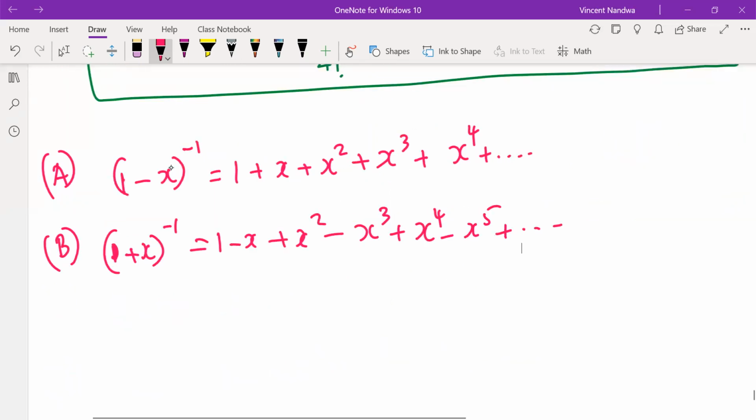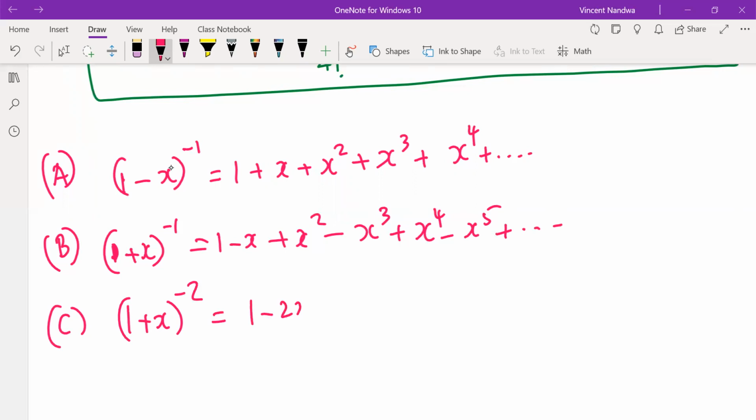C, if I have 1 plus x raised to the power minus 2, I'll have 1 minus 2x plus 3x squared minus 4x cubed plus several other terms.